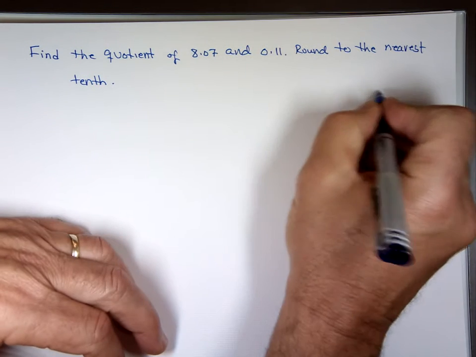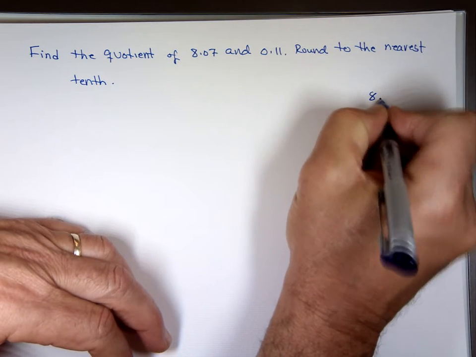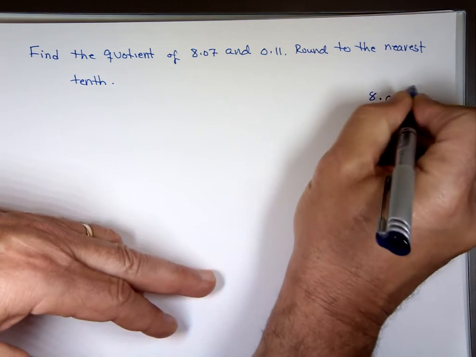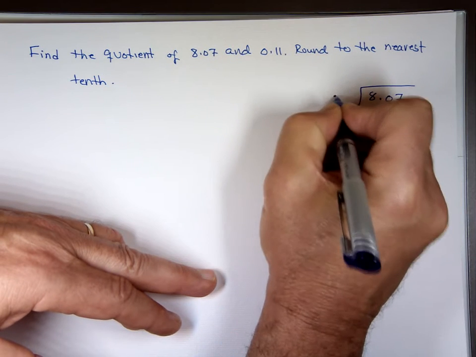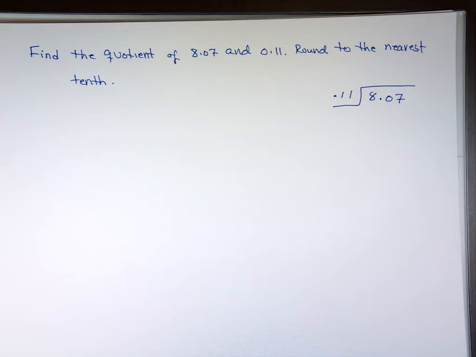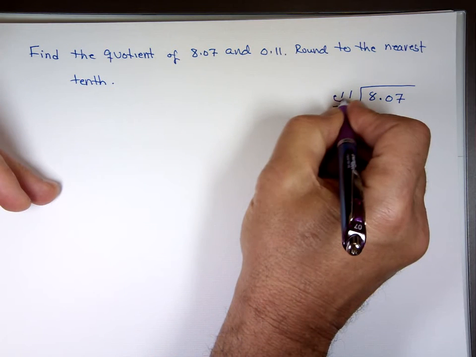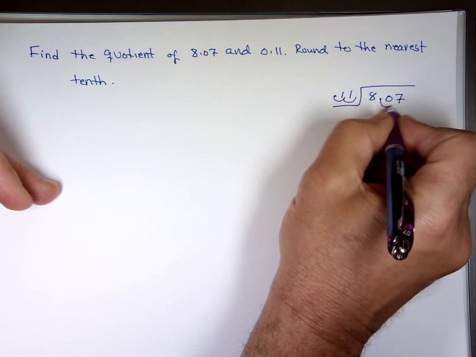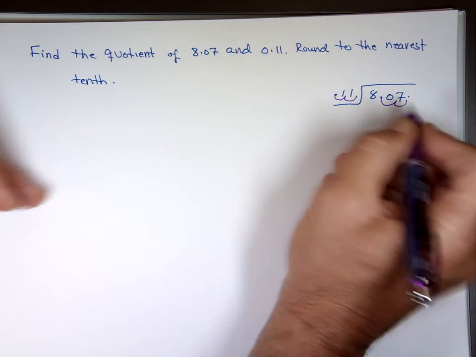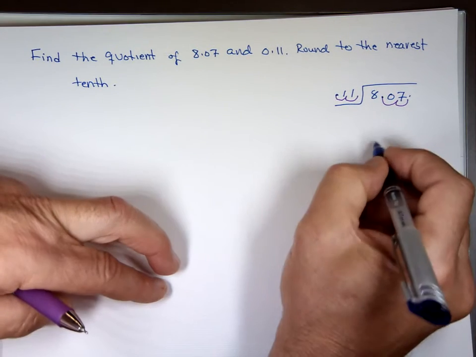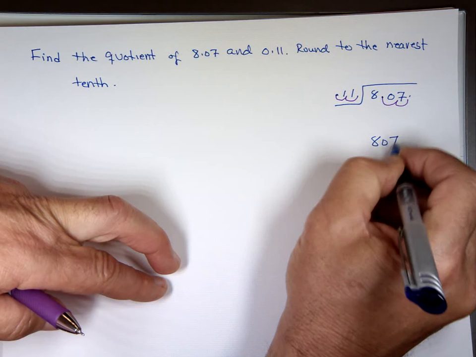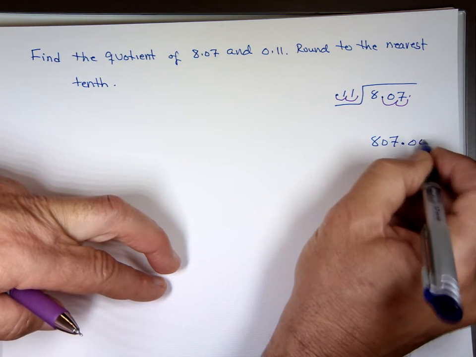So here we go. 8.07 divided by 0.11. I need to move the decimal point 2 places to make it a whole number. So this becomes 807 point, and there's lots of zeros if I need them.